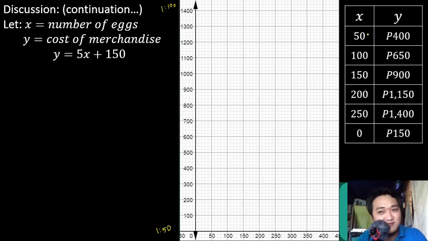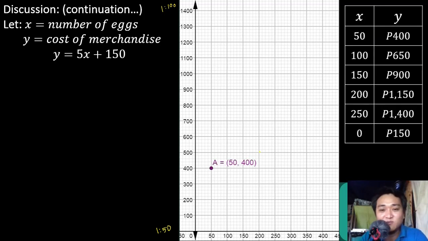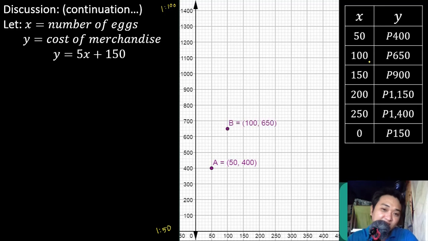So let's say x is 50. For x is 50, y is 400. Ayan. X is 50, y is 400. Another ordered pair is, if x is 100, cost of merchandise will be 650.